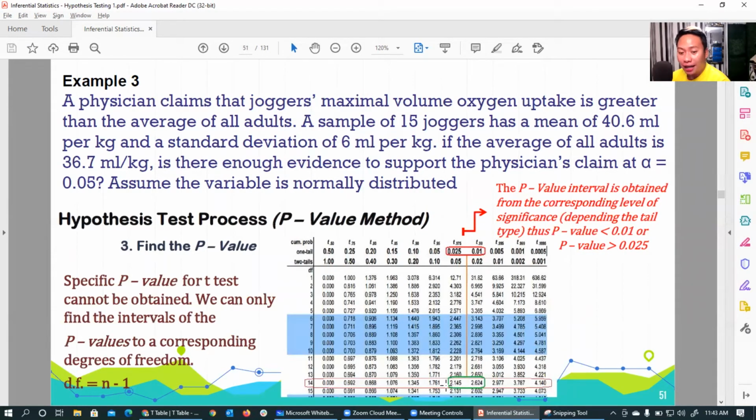And why did I use this row here? Because this row is the degrees of freedom 14. Got it?